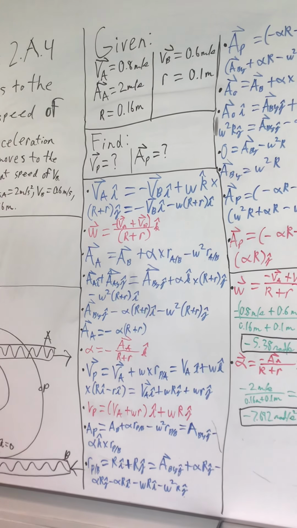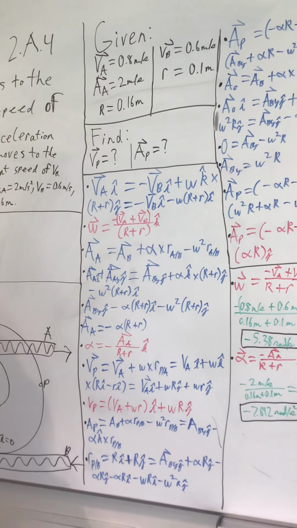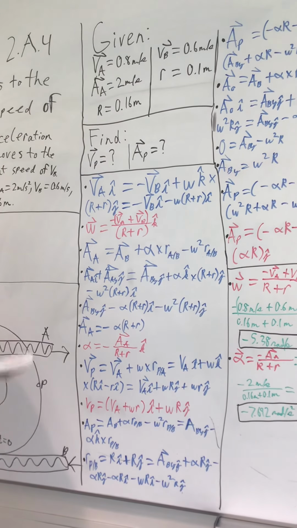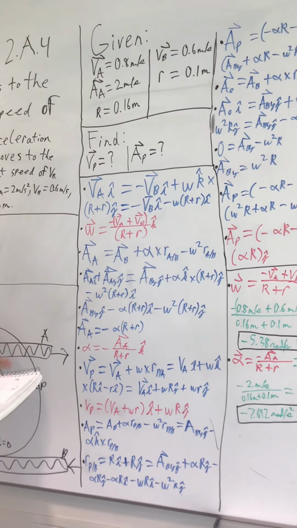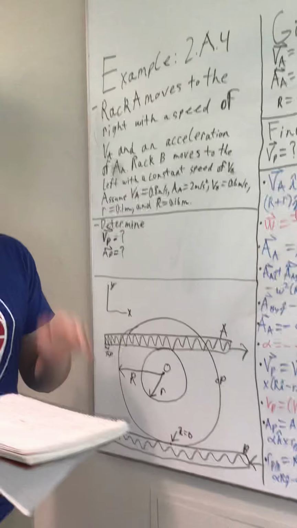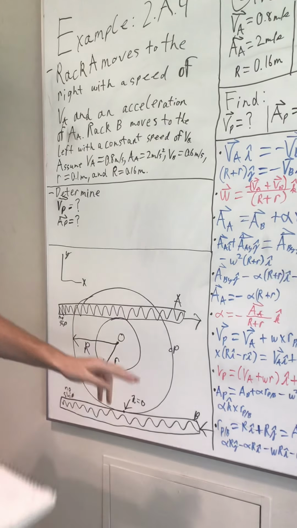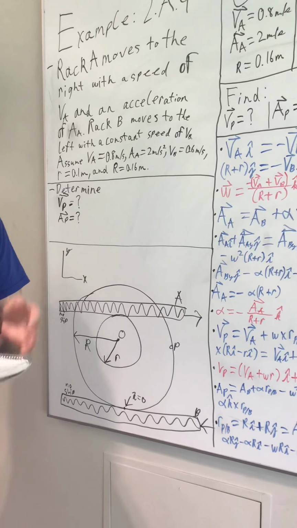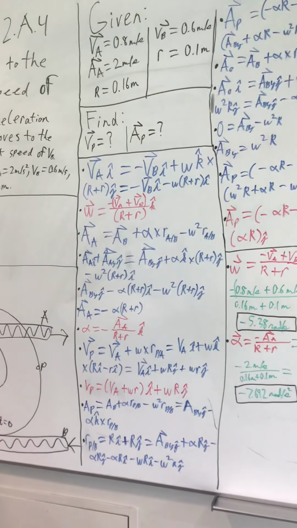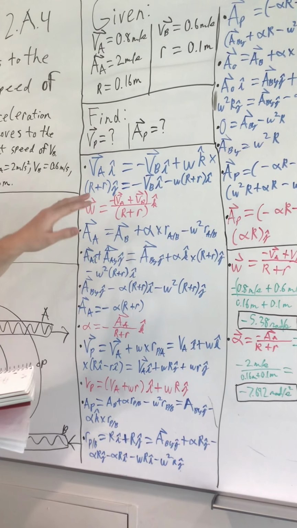Next, to find the acceleration, we'll use the equation: acceleration of A is equal to acceleration of B plus alpha cross R of A of B minus omega squared R of A of B. Like I said before, this is a no-slip equation. What's important to know is that at rack B, where the gear touches the rack, there is no acceleration in the I hat component, meaning there's only acceleration in the J hat component. So next we want to split up the equation into I hat and J hat components.